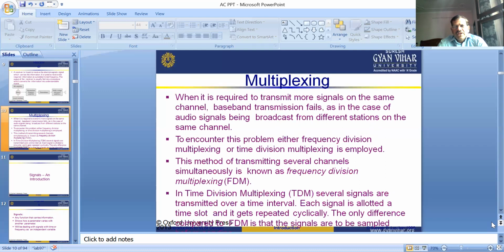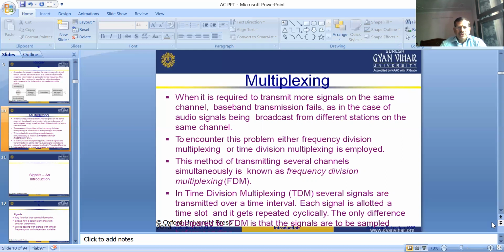Baseband transmission fails, as in the case of audio signals being broadcast from different stations on the same channel. This is the process of multiplexing.